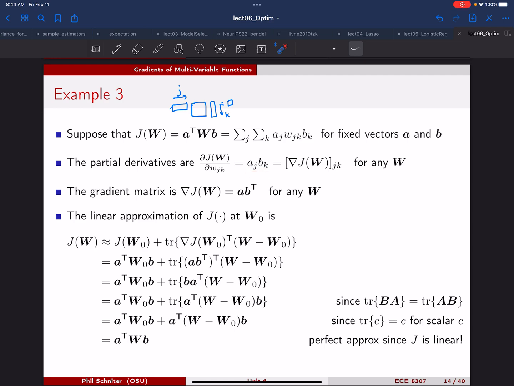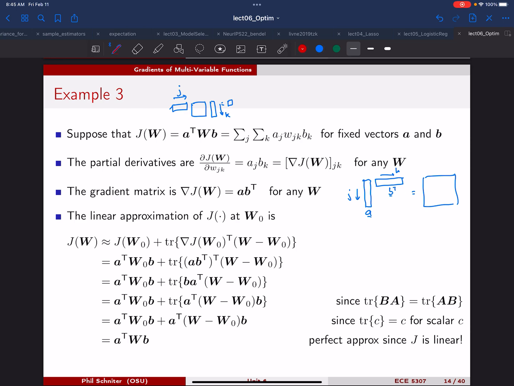So what is the entire gradient matrix? It's going to look like this. So this is J, this is my A, this is B transpose K, and this is going to give me a whole matrix.